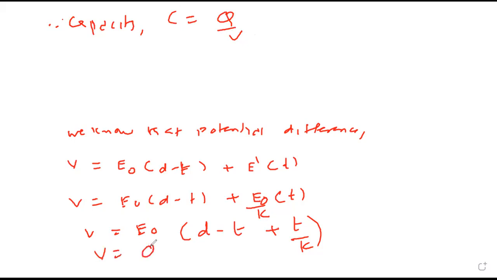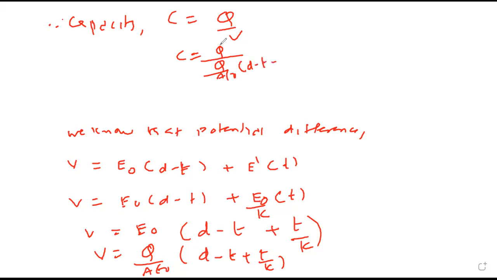E naught is Q upon A epsilon naught, times D minus T plus T by K. So C equals Q upon Q by A epsilon naught times D minus T plus T by K. Q cancels.